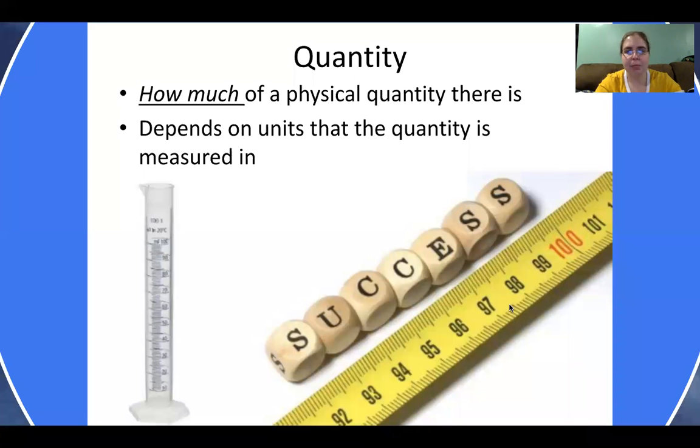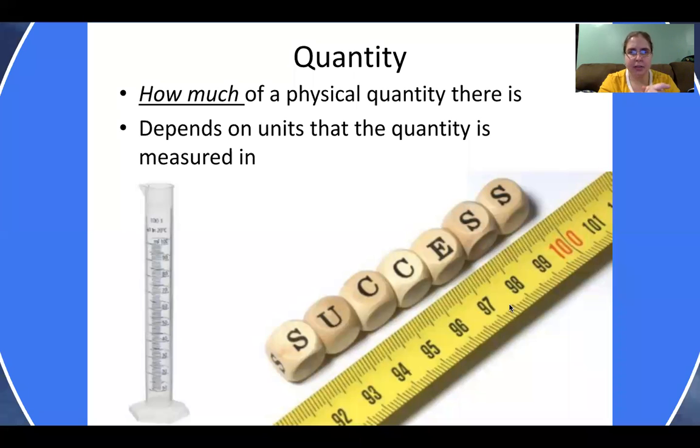So quantity, how much of a physical quantity is there? Now, like we said, that can be any number of things. If we're talking about fluid dynamics, we might want to know the volume of a liquid. We need to know how much liquid is there that takes up that whole space.